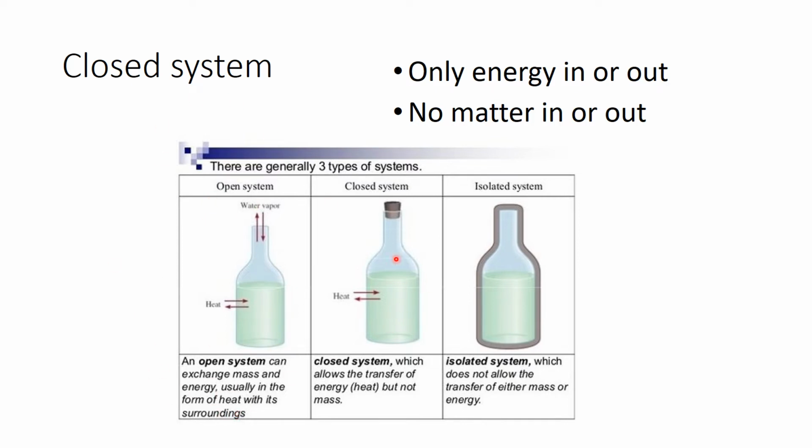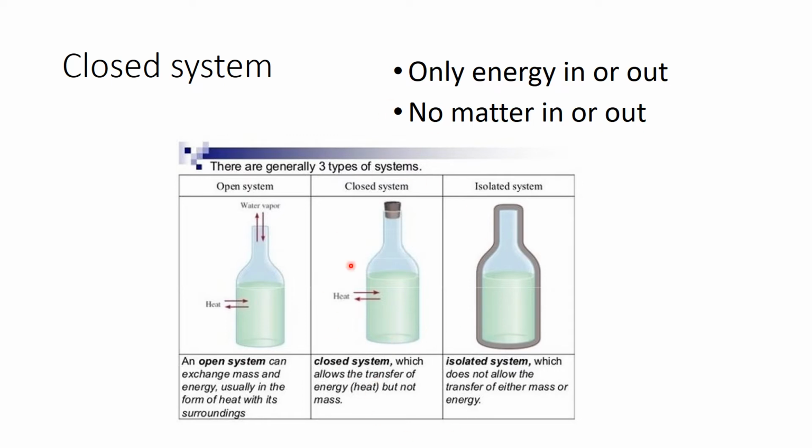The next system we have is a closed system. In a closed system, you put a stopper at the top of my bottle here. So a closed system allows the transfer of energy, in this case heat, but not mass. Even though my water inside can heat up or cool down, even if it heats up, it can't get anywhere. It can't escape. Therefore, there's no change in mass. So that is my closed system, which is what we're going to be talking about today. The closed system can transfer energy, but no mass can escape or come in.